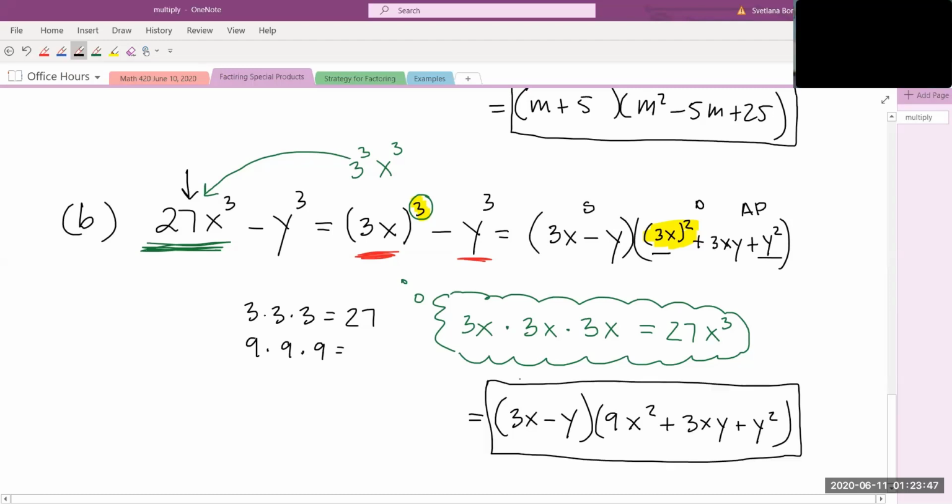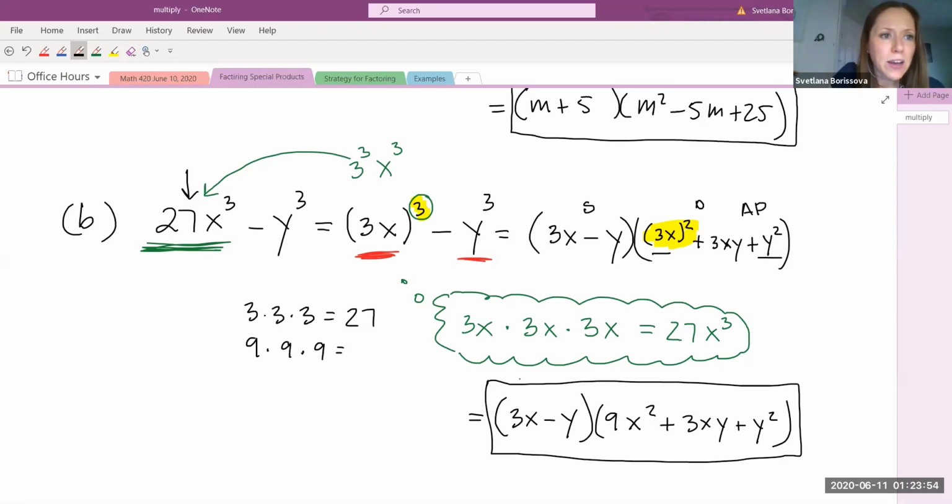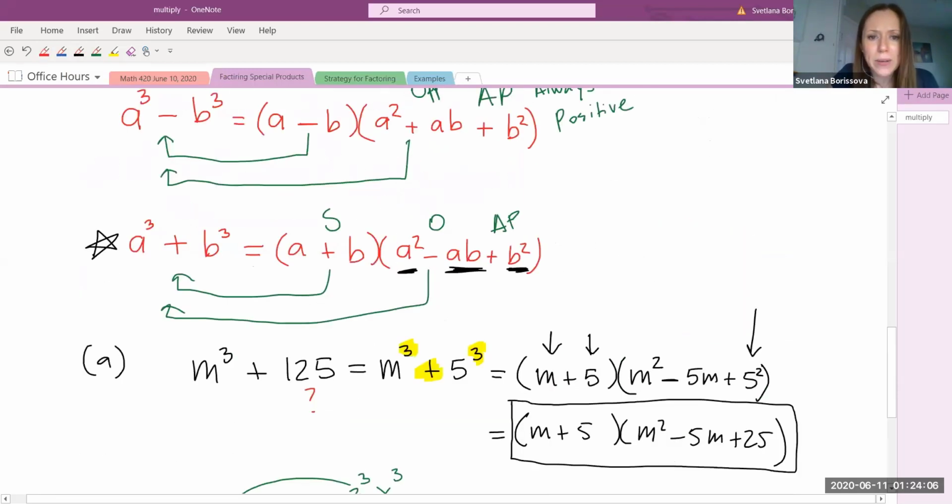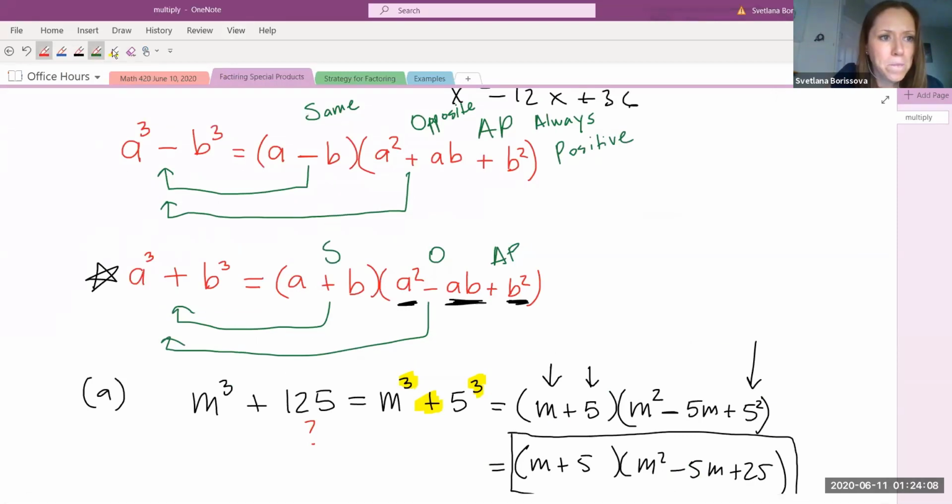So, how do you get the 3xy? Okay, so I got 3xy. Where am I? Oh, right here. I got 3xy, the part that's in the middle. If I go back to the formula, remember in the middle we have a times b.